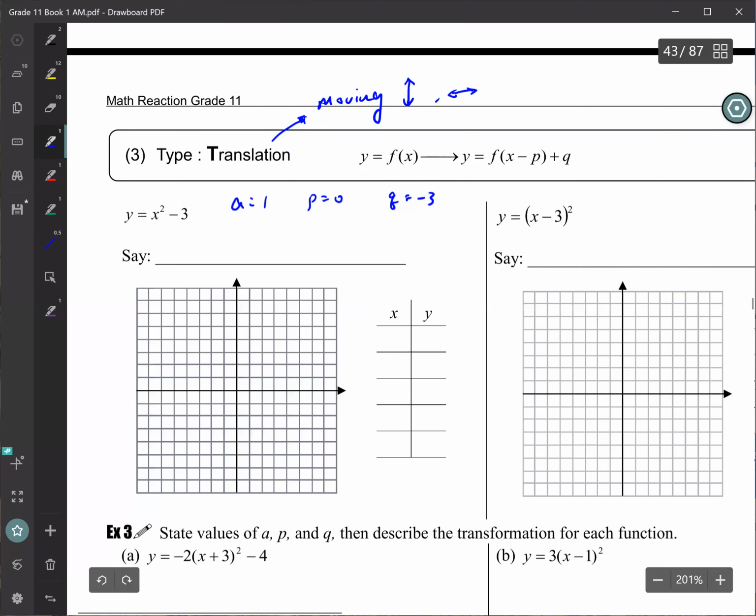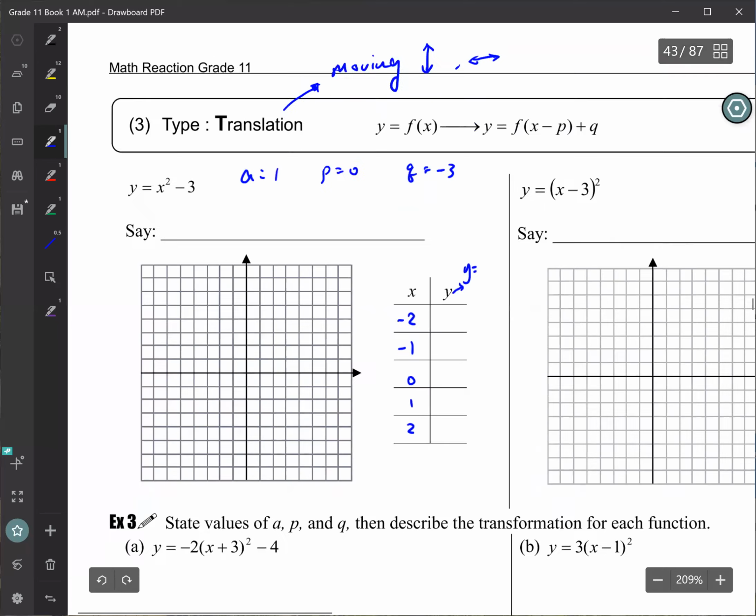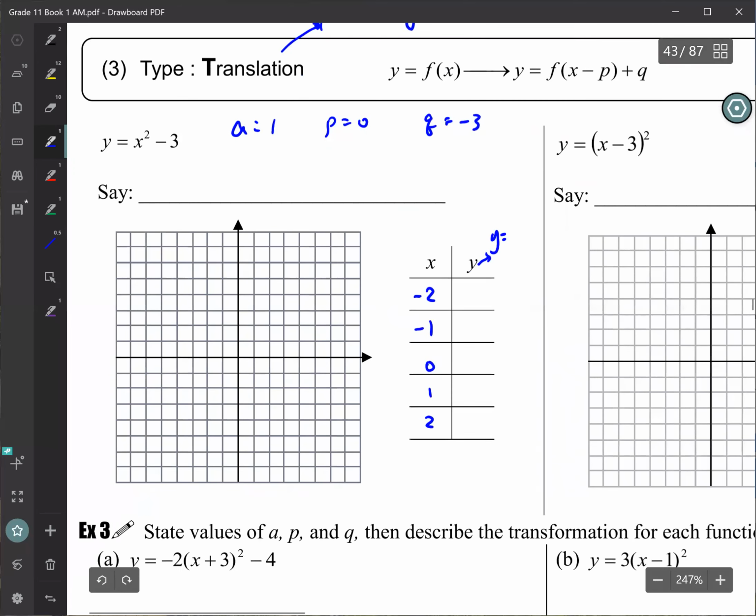Okay, we'll start with using the same values for the table. Okay, -2, -1, 0, 1, 2. And then to get the y, based on the formula, it says x squared. After you square, you need to -3. Okay, so same drill.